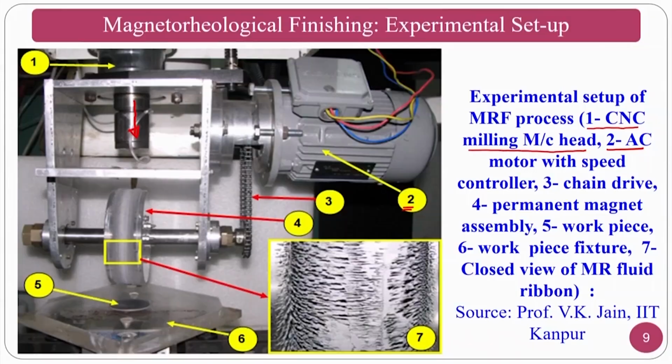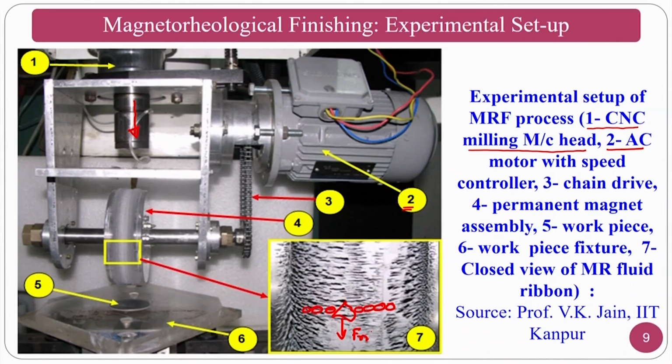Whenever we have some fluid that is converting into a stiff ribbon, what is happening in the grinding process is that the abrasive particles, which are held by the chains, will exert the normal force or the radial force. Okay, or some people also call it the normal force.